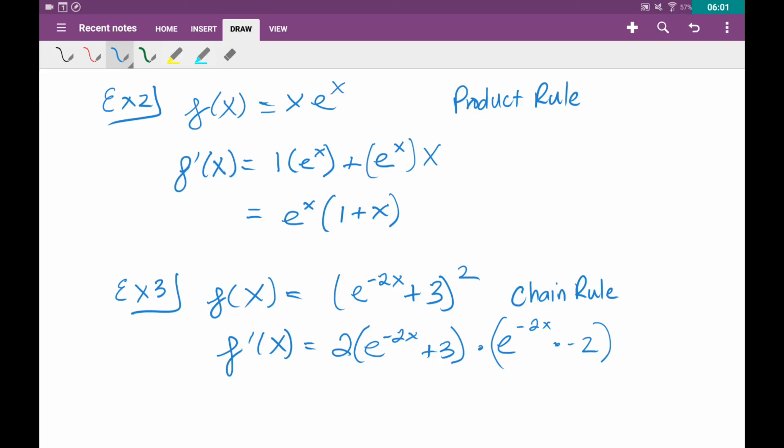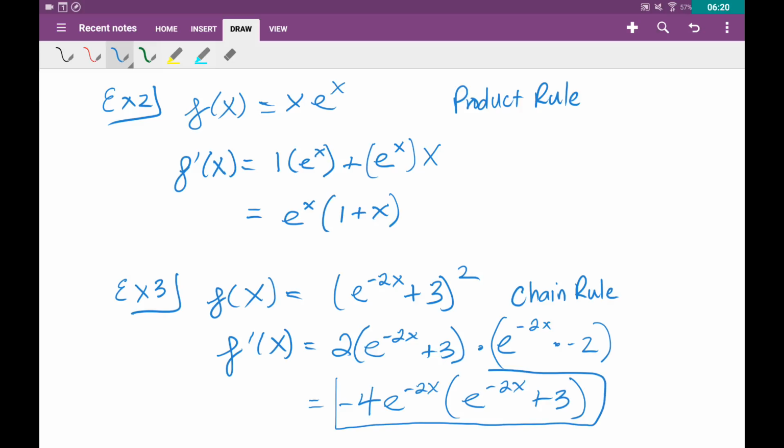I'm going to make this just a little bit neater, multiply things that can go together. Negative 2 and 2 is negative 4. Bring the e to the negative 2x to the front, and then times e to the negative 2x plus 3. Alright, so there you go. You can leave it just like that.